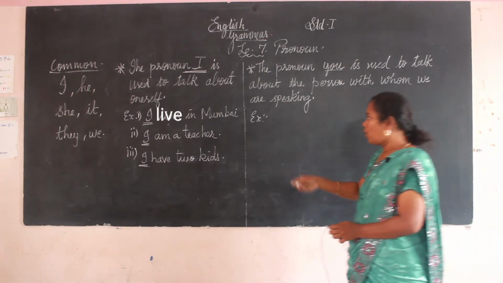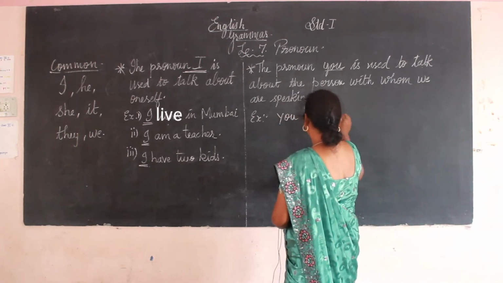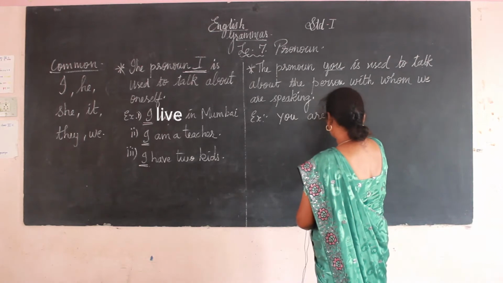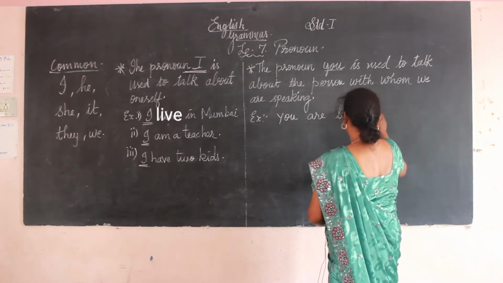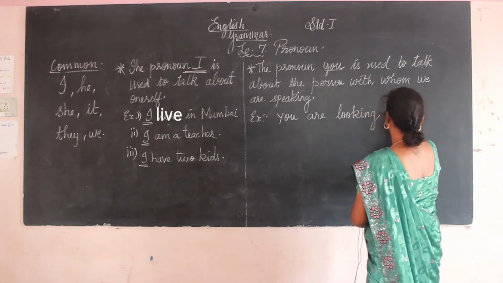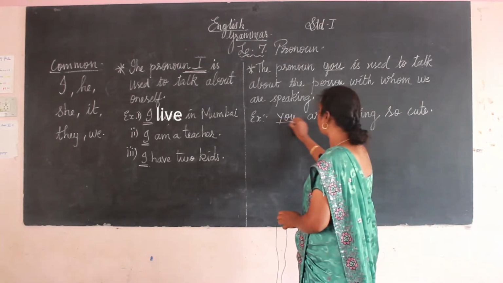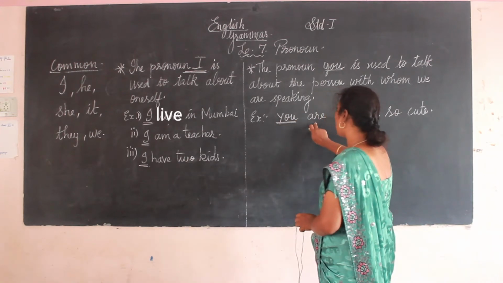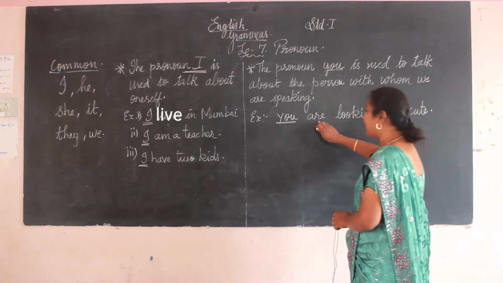Okay, so you are, so see the example, you are looking so cute. Okay, so இங்கே நம்ம என்ன யூஸ் பண்ணோம்? You. அப்புறம் என்னது? Are. நல்ல ஞாபகம் வச்சுக்கோங்க. When we talk about the other person, we will write there are.